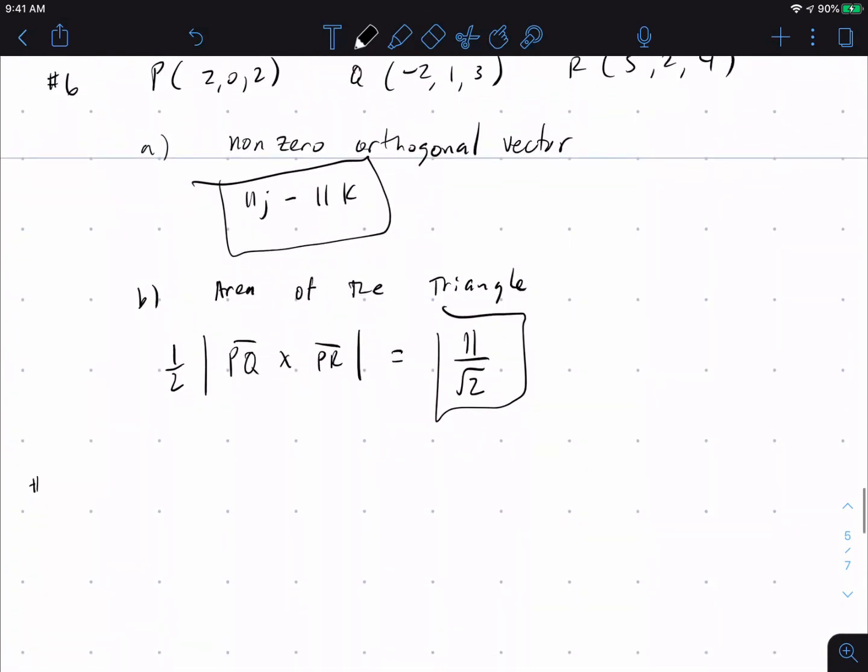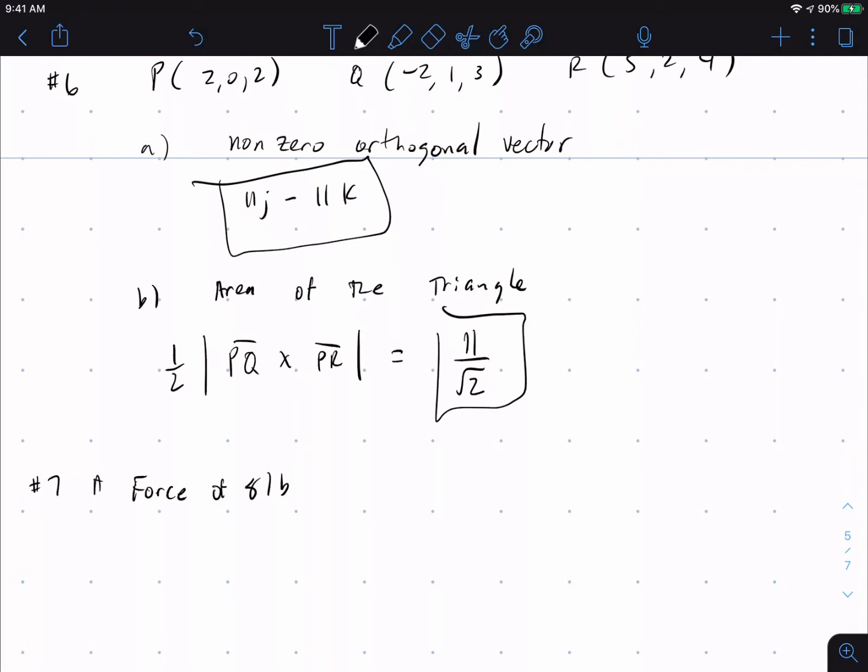Here's number 7. Number 7 is I'm going to give you a force that is 8 pounds.